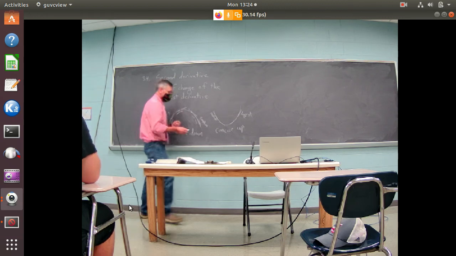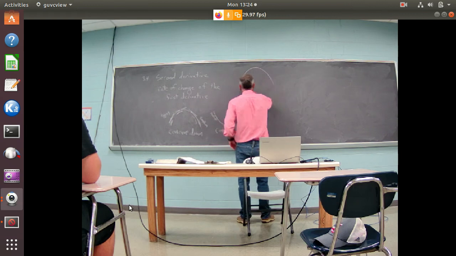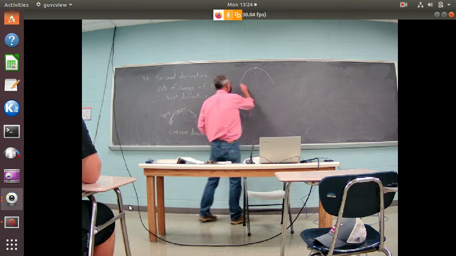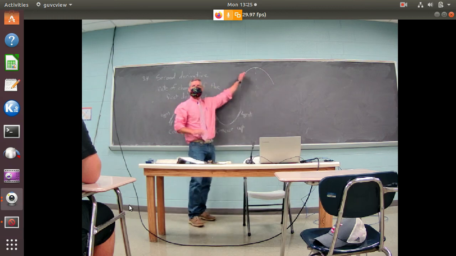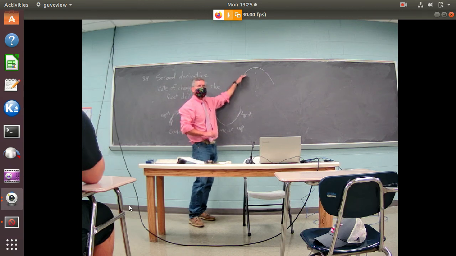Okay, so let me redraw them here. If I have this concave down thing and I split it here, what we see is that the function's increasing, but it's increasing less and less and less.